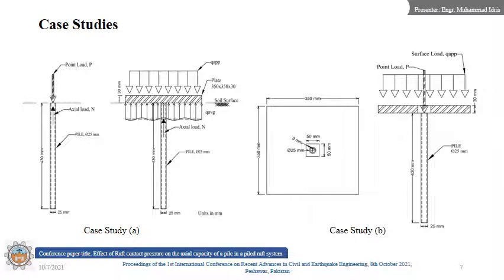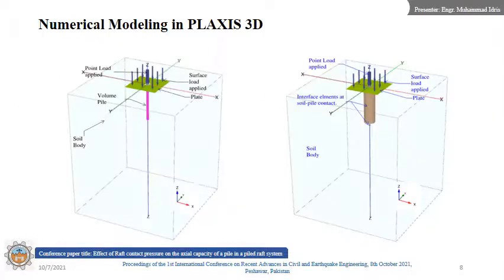In the first case study, surface pressure was applied on the plate, and the change in the pile capacity was investigated. However, in the second case study, under different surface pressures, the load displacement curve for the pile was recorded.